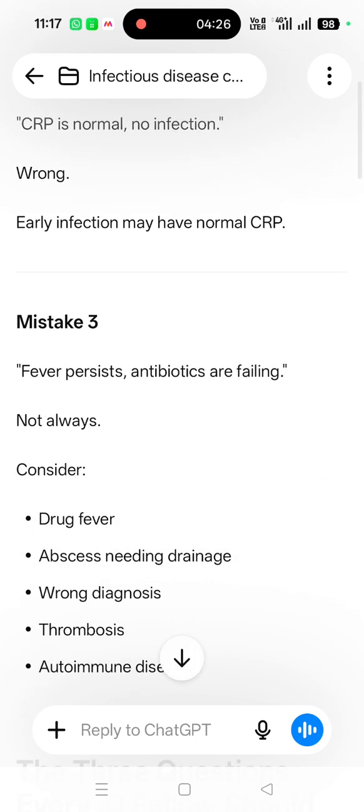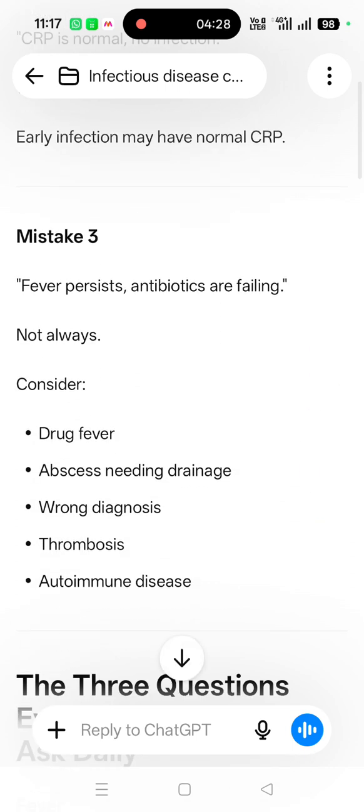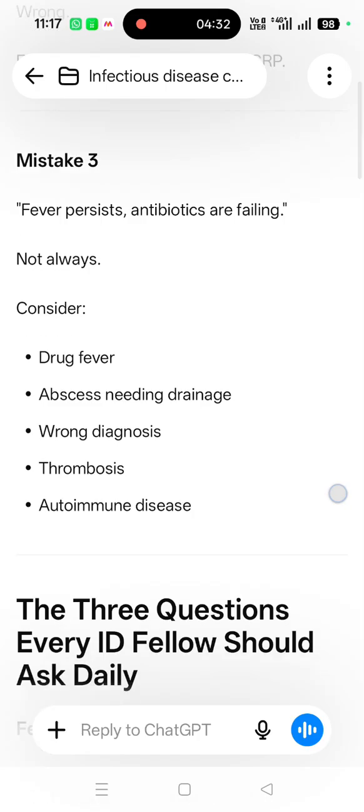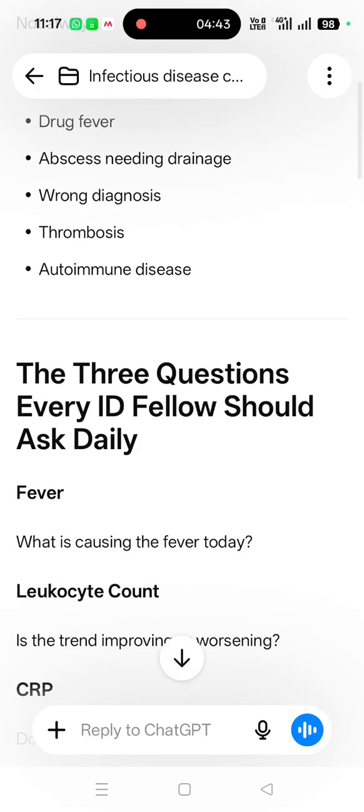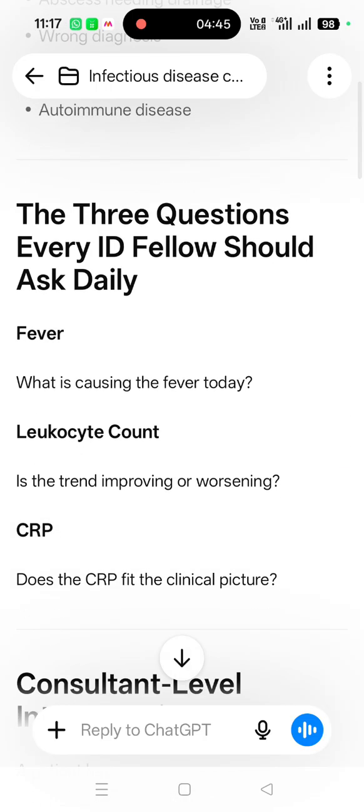Now the third mistake is that fever persists, so antibiotics are failing. Not always. It can be drug fever, it can be an abscess needing drainage, it can be a wrong diagnosis, thrombosis, autoimmune disease. The three questions every ID fellow should ask: what is causing the fever today?